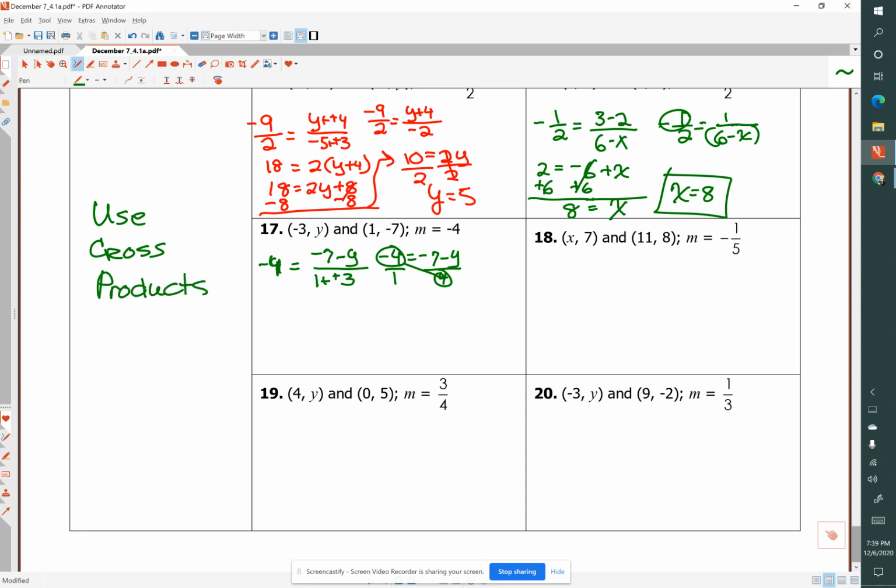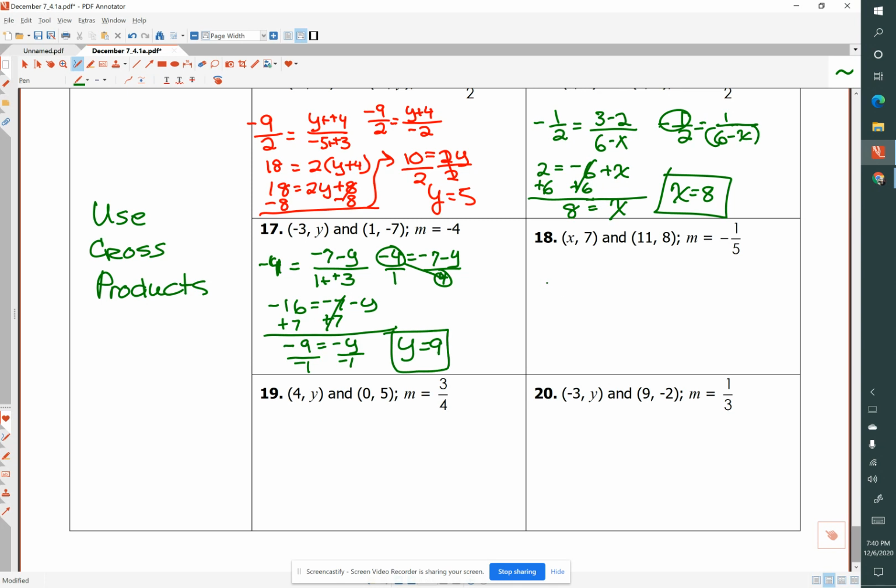So negative 4 times 4 is negative 16. 1 times negative 7 minus y is just negative 7 minus y. So let's add 7 to both sides of this equation. And negative 16 plus 7 is negative 9 equals negative y. We divide everything by negative 1, and y equals 9.